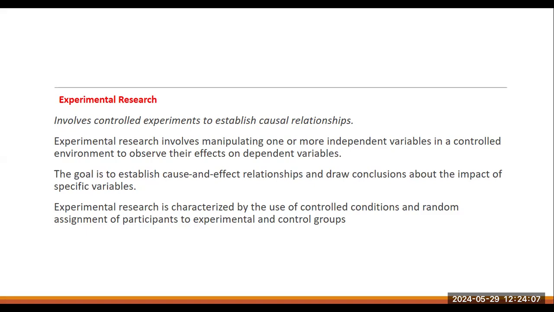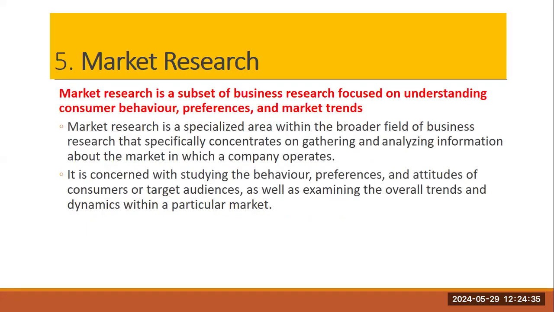That also gives an idea, because if the promotional group has more tendency to purchase, then we can come to the conclusion that the promotion is influencing, causing the effect on the sales, right? So this is the way we can do experimental research.